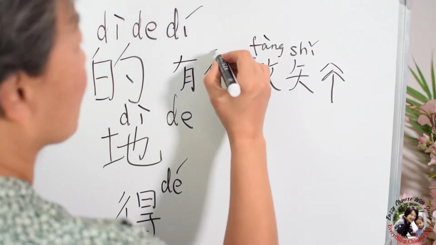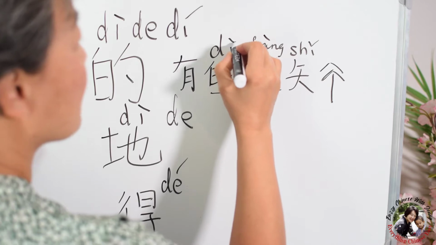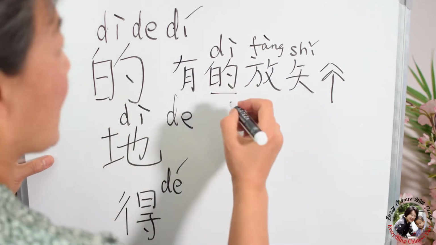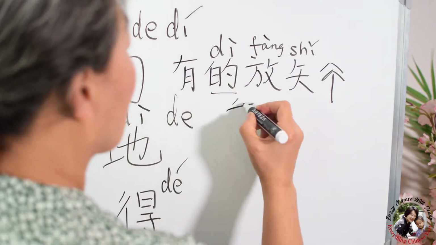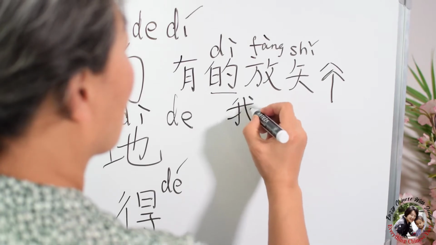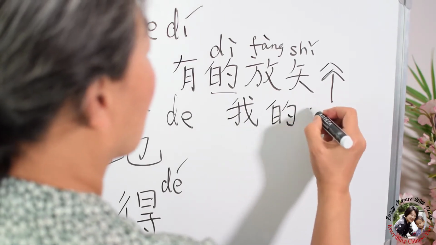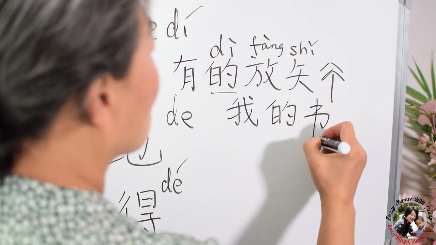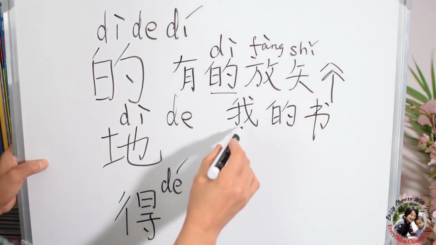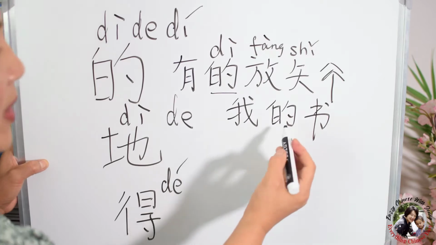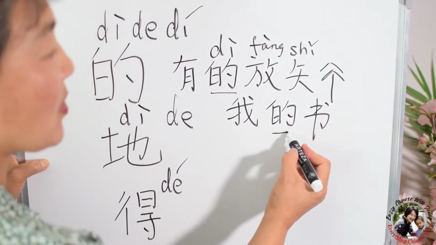In this occasion, the pronunciation is di, but when I say 我的书, my book, it is kind of an interjection word.